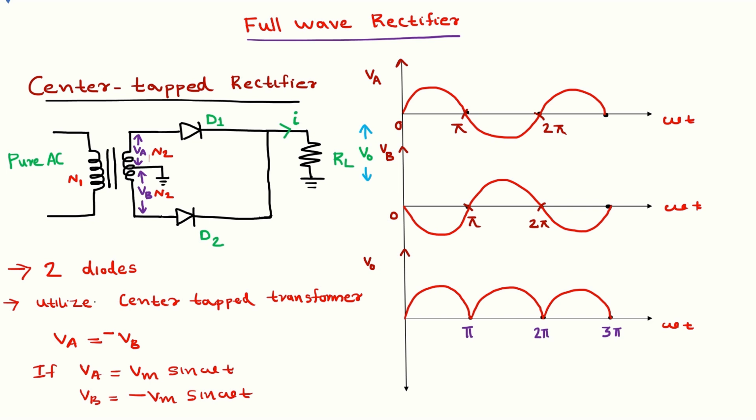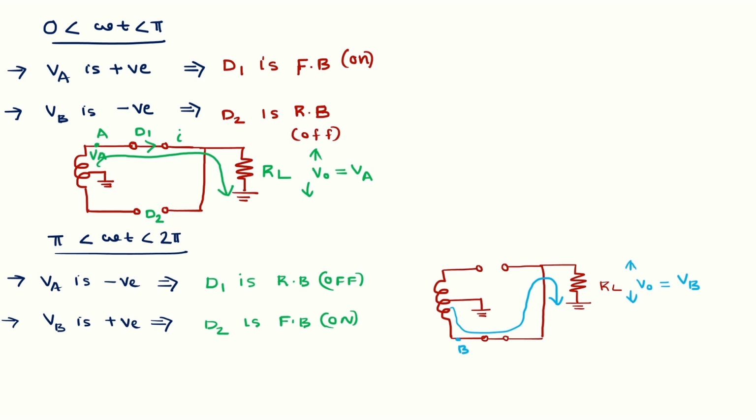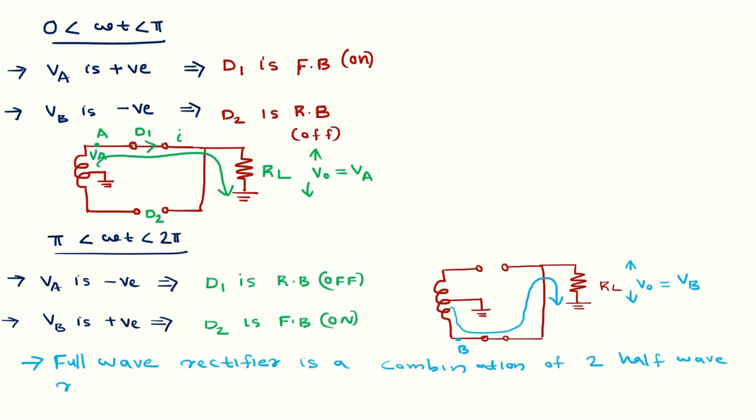Then by observing the output waveform of the center tapped rectifier, I can say that the full wave rectifier is a combination of two half wave rectifiers.